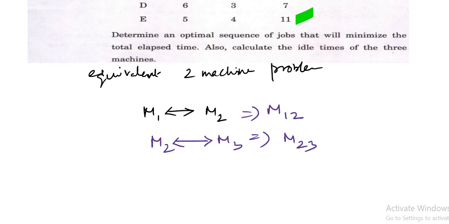So define M12 as M1 plus M2, and M23 as M2 plus M3.